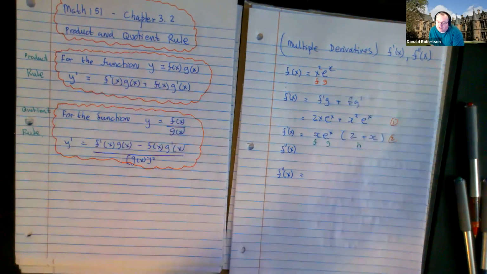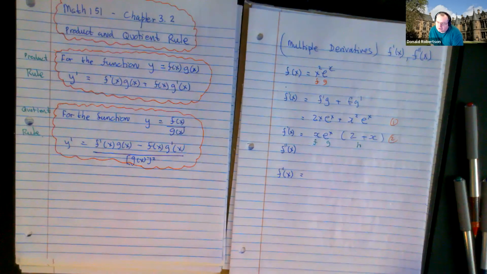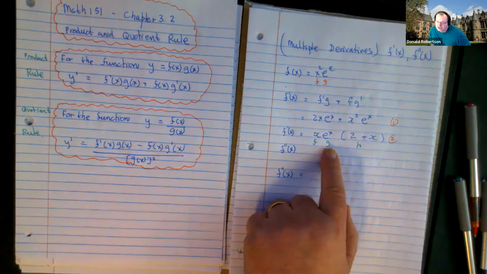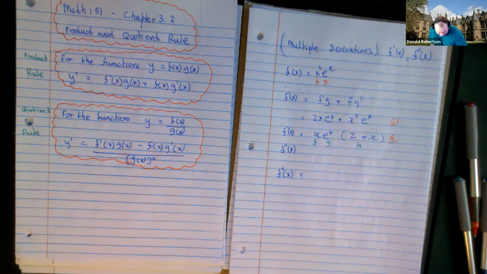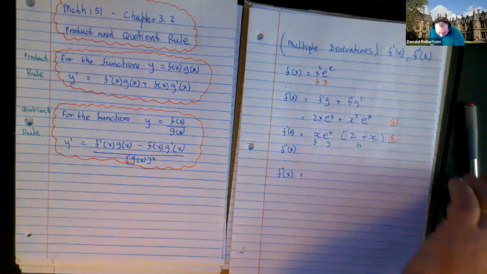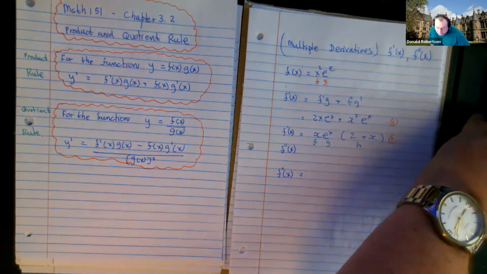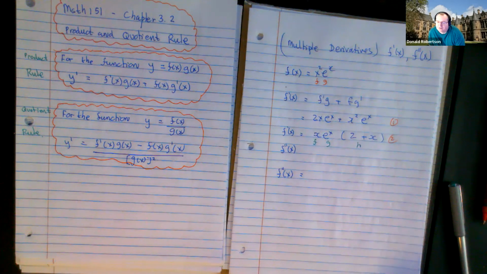Do you know that you can expand the product rule for 3 things multiplied? So the product rule is now going to contain f, g, and h. Does anybody want to have a shot at what the product rule would look like for 3 things, rather than just 2, which is this?